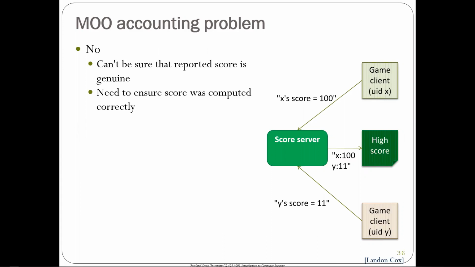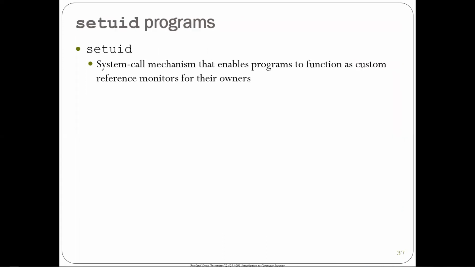And this is where setuid programs came about. setuid is not only a mechanism for de-escalating your privileges from the root process, it is also a way of elevating or changing your UID to other UIDs in a controlled way.